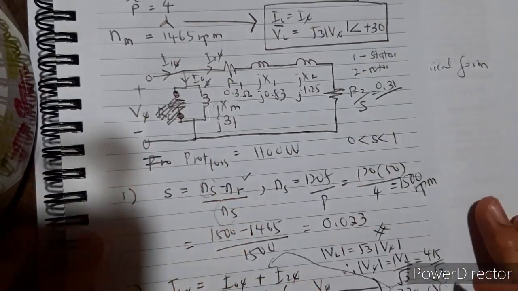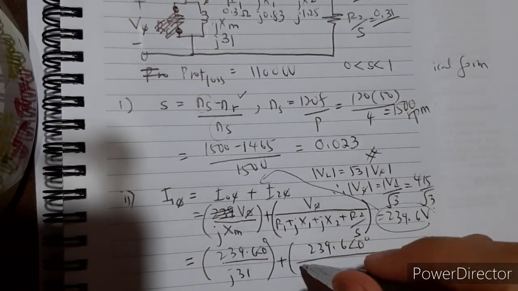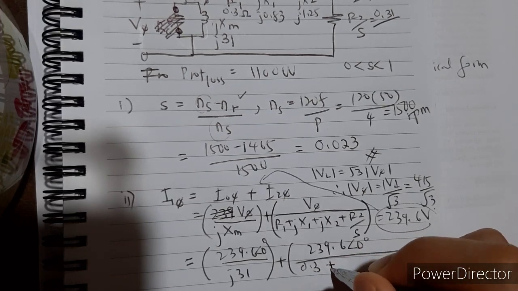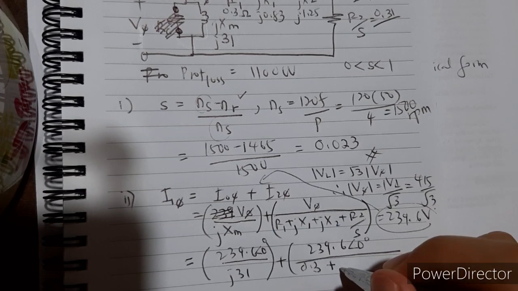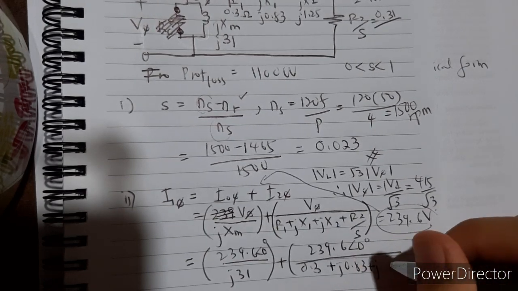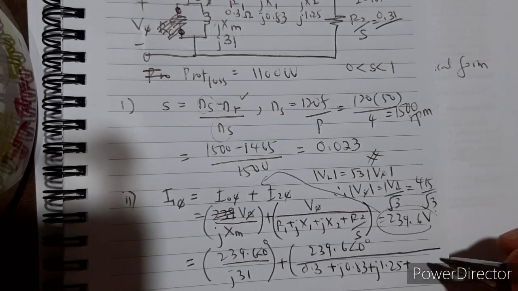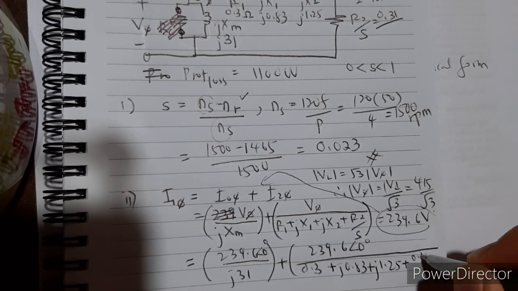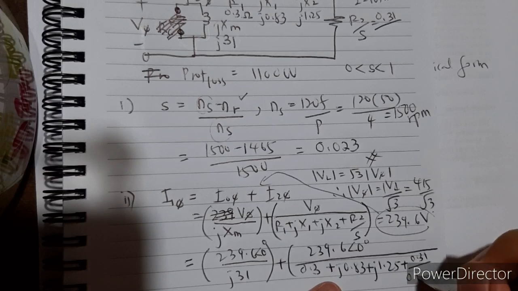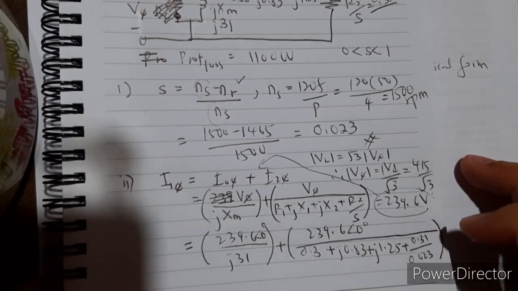Okay, now R1 is 0.3 plus X1 is J0.83 plus X2 is 1.25 plus R2 over S. Your R2 is 0.31. Your S from the previous question 0.023. Close bracket. Okay.